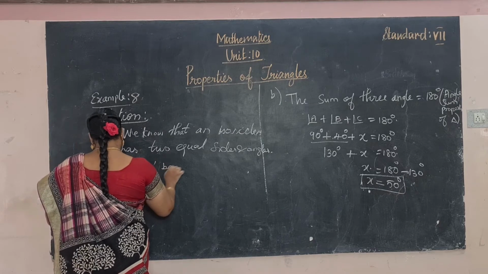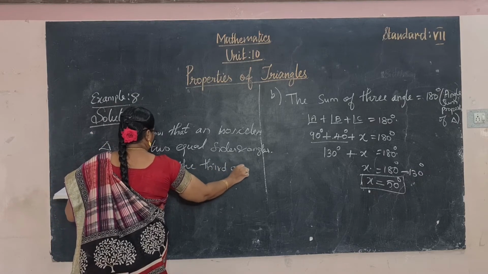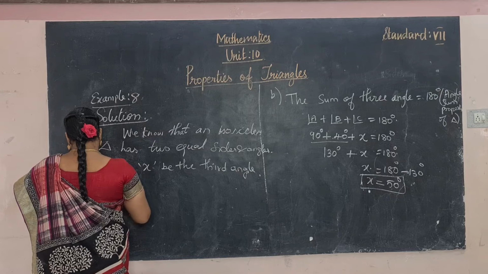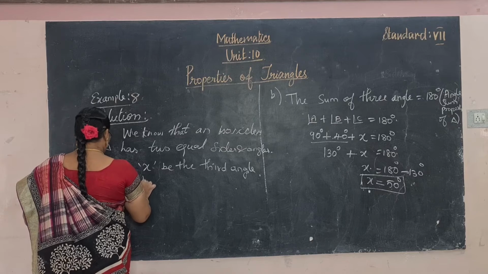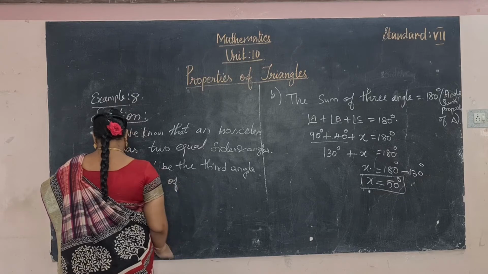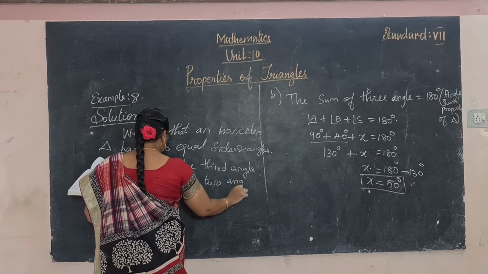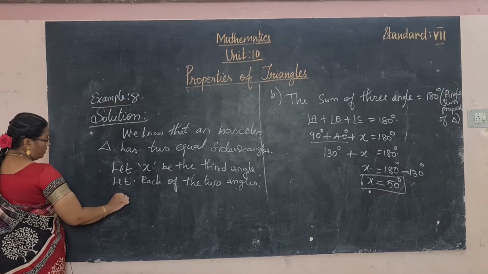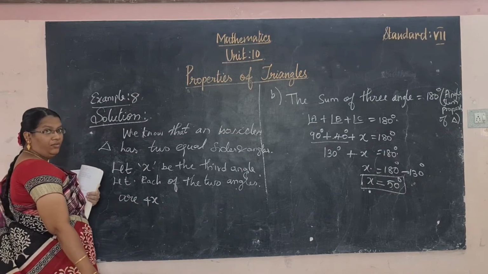Let x be the third angle, and each of the 2 angles are 4x, 4 times the third one.